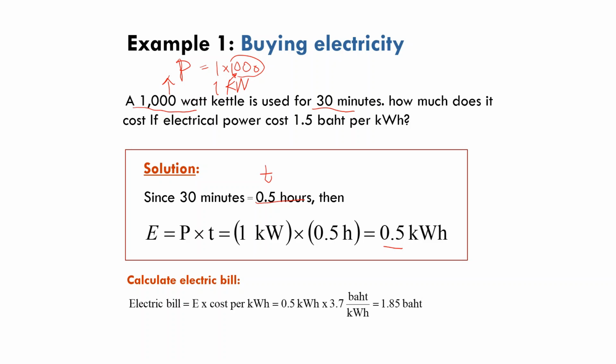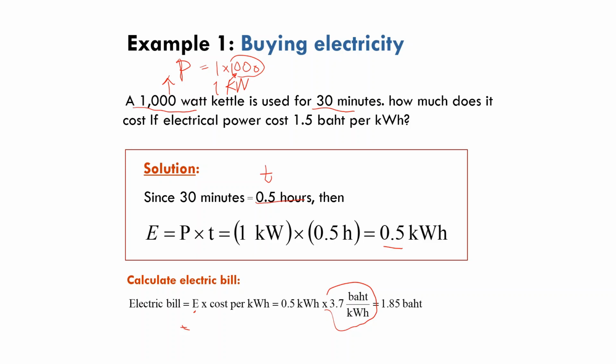To calculate the cost, we have to use E multiplied by the cost of the power per kilowatt hour. So we use E, 0.5, multiplied by how many baht it is. Let me change this to 1.5.